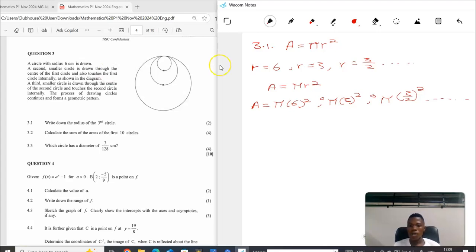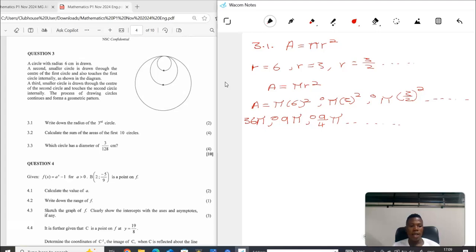You will have something like 36 pi, 9 pi, 9 over 4 pi, until the 10th.